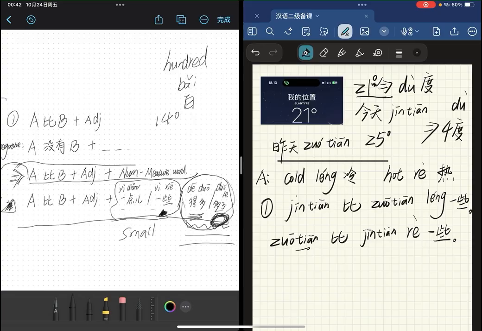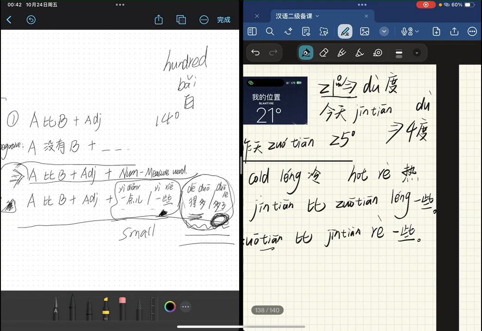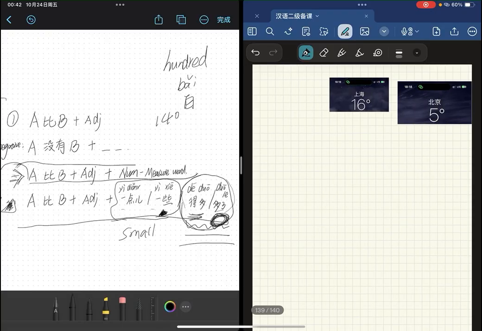The difference is small. 昨天比今天热一些. Okay, let's do another practice.